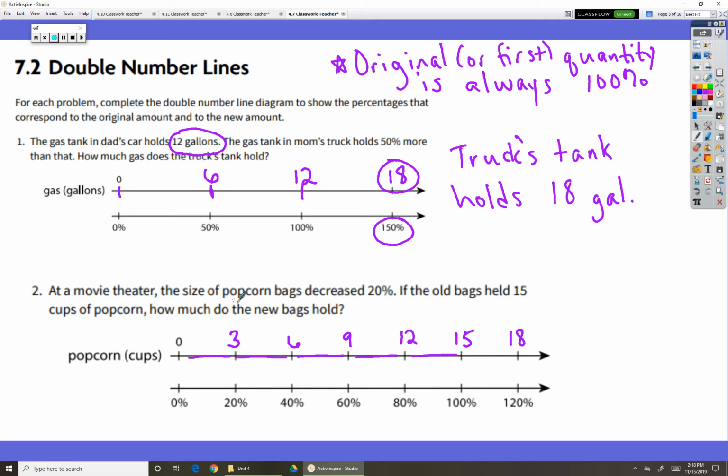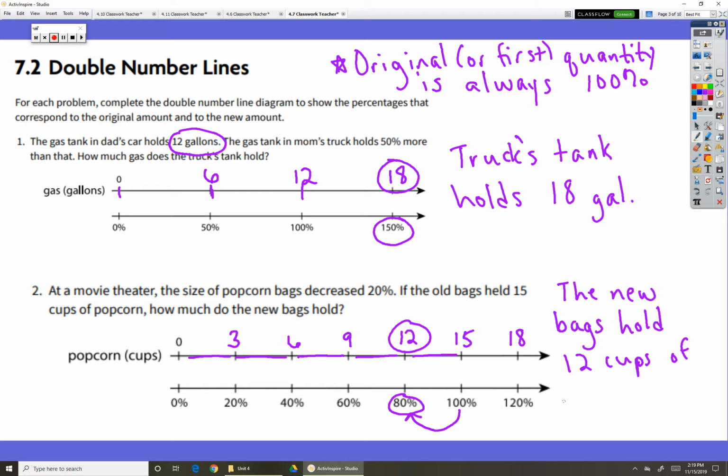Now it says that the size of the popcorn bags decreased by 20%. So we need to go down 20%. So they now have 80%, which is 12. So the new bags hold 12 cups of popcorn.